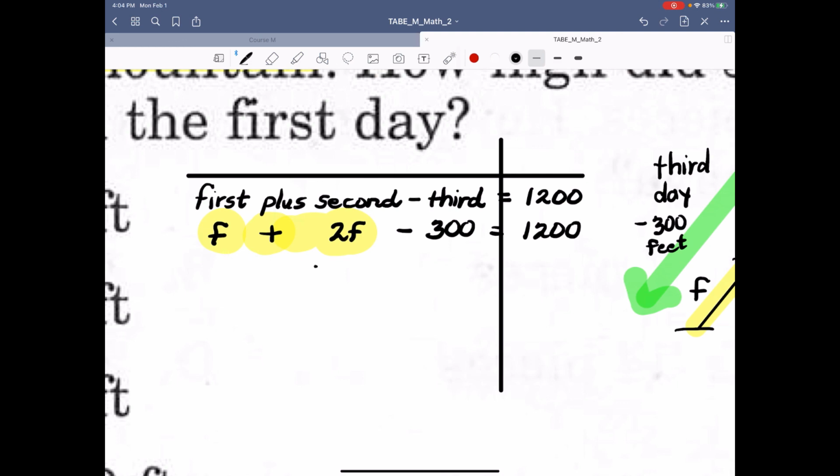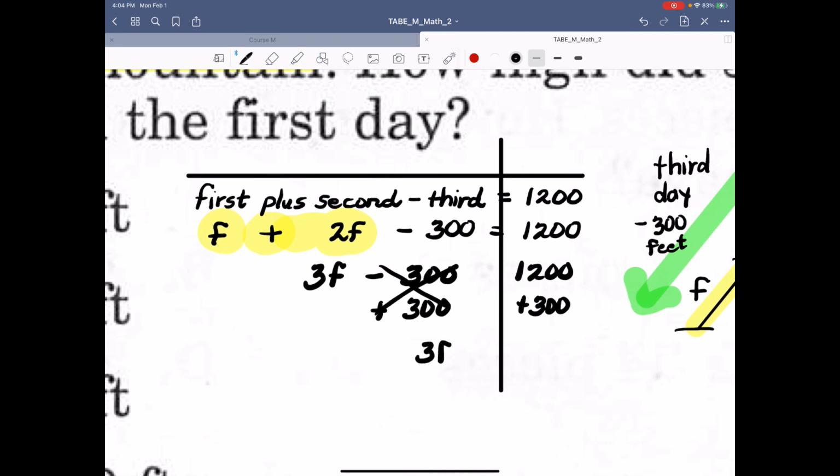That's 3F minus 300 is 1,200. So move the 300. And we have 3F equals 1,500. Divide by 3.